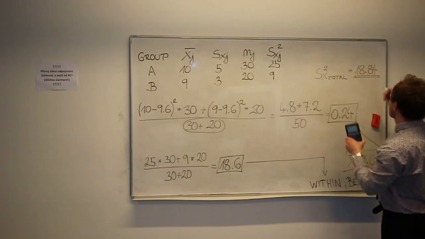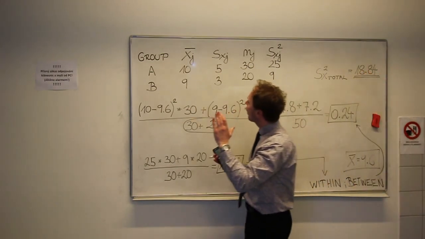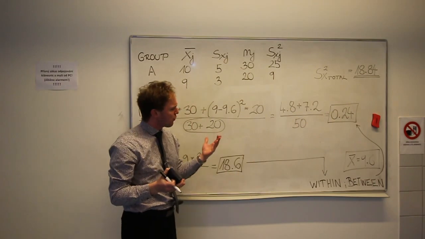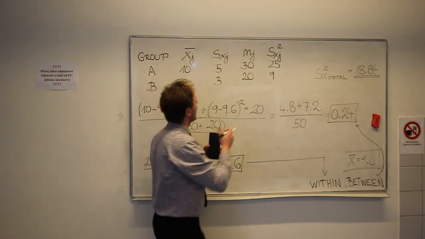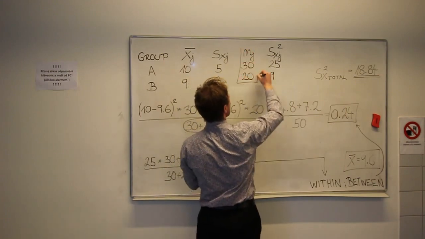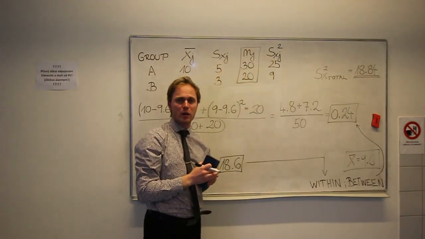So this is the total variance calculated on the basis of the formula of decomposition of variance and on the basis of absolute frequencies n_j.